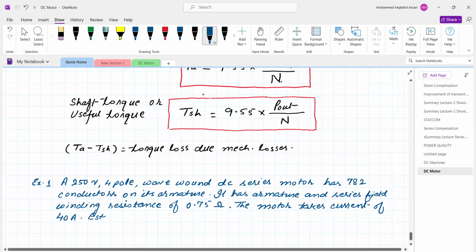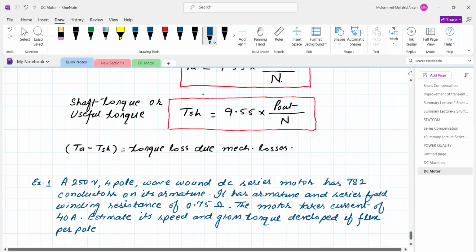Estimate its speed and gross torque developed if flux per pole is 25 milliweber.